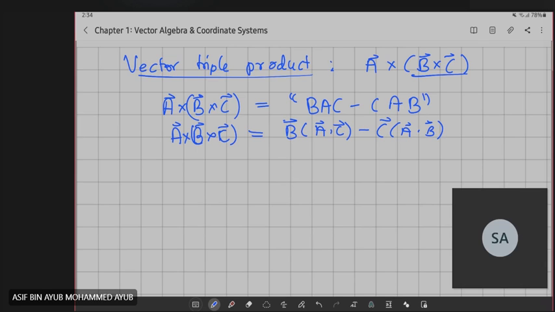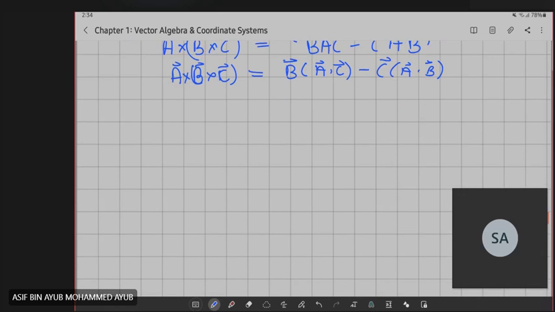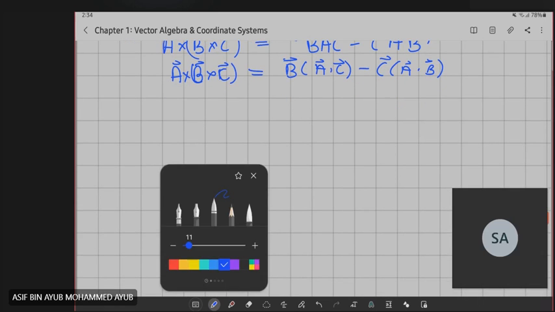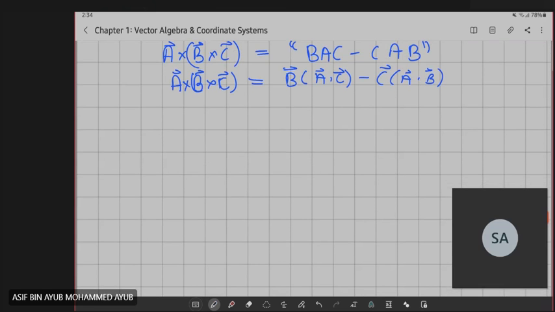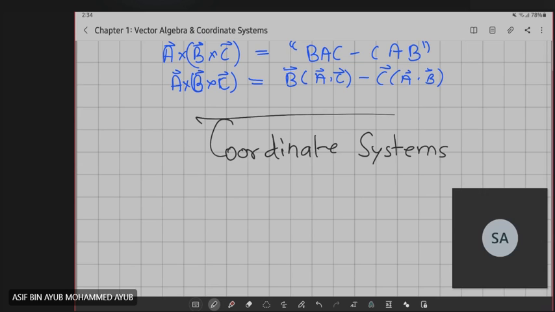So now it's time to move on to another topic that is quite important to physics, and that is coordinate systems. The choice of a coordinate system can simplify your problem quite a bit, so you should study the coordinate systems.